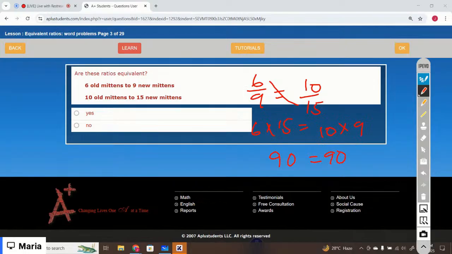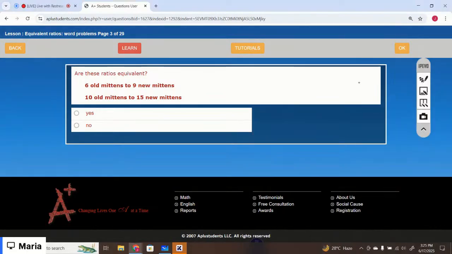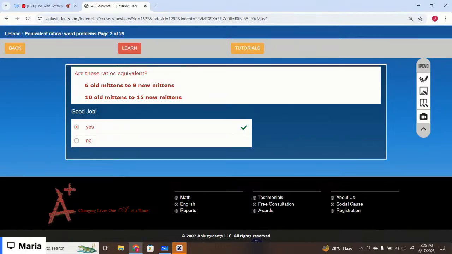So they are equal. The correct option is yes, they are equivalent.